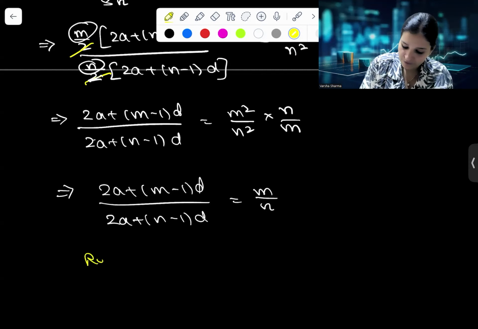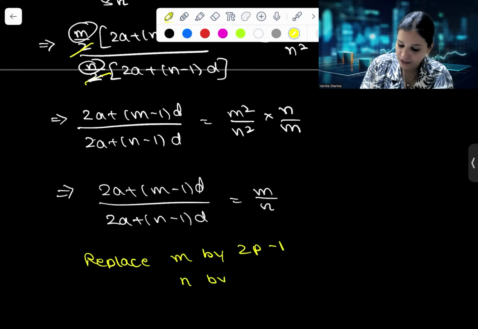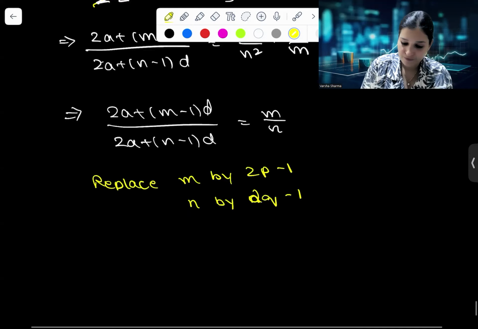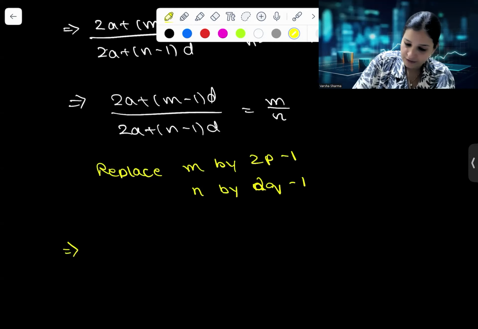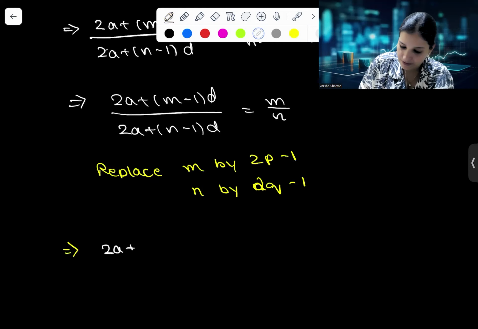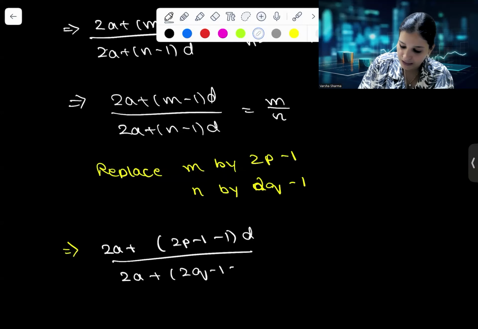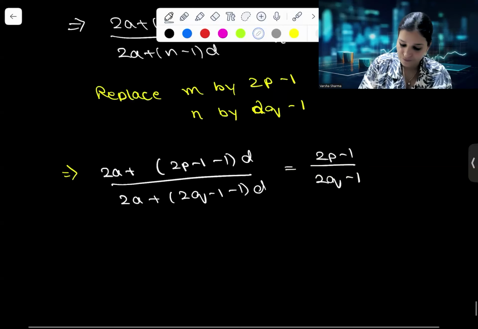In the numerator, we replace m by 2p minus 1, and in the denominator, we replace n by 2q minus 1. So in the numerator, 2a plus, instead of m, 2p minus 1 minus 1 d. In the denominator, 2a plus 2q minus 1 minus 1 d, over 2p minus 1, 2q minus 1.